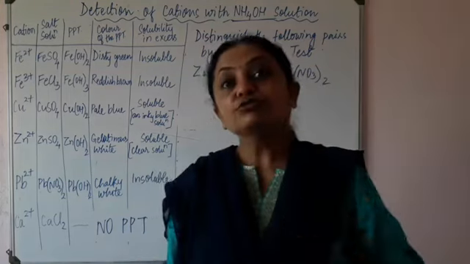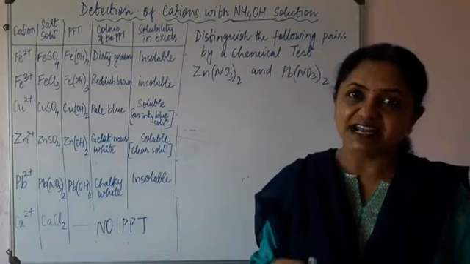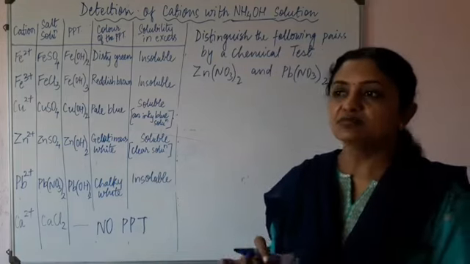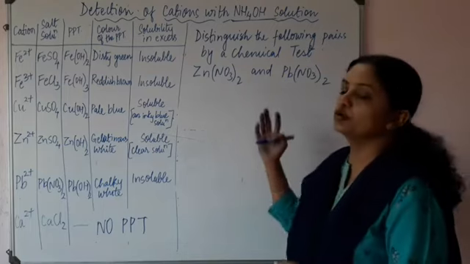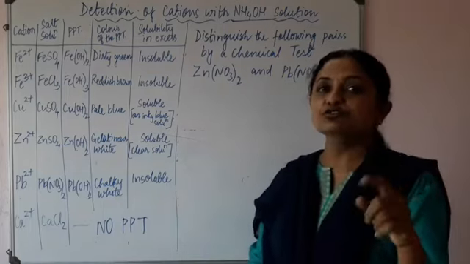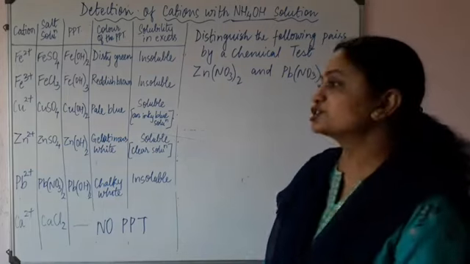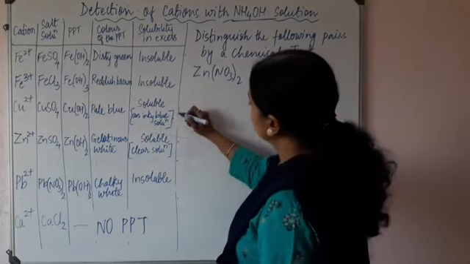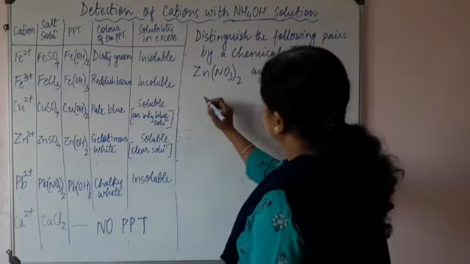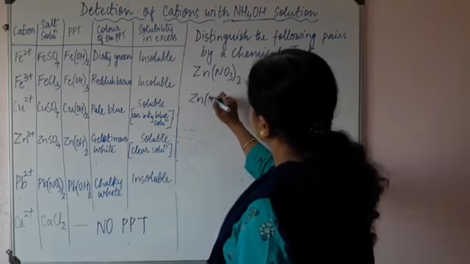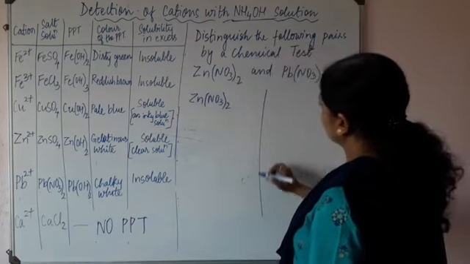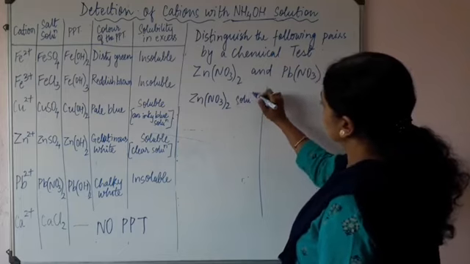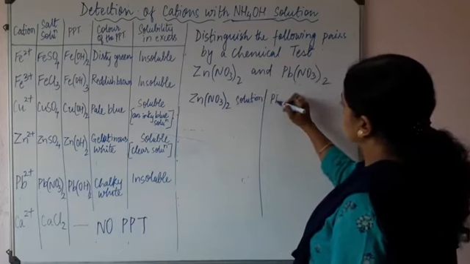How will you distinguish these two? If you distinguish by adding NaOH, then both the hydroxides are soluble. You cannot use NaOH over here. So we have to use the reagent NH4OH. So let me write it like this. Here, zinc nitrate solution you will have, and lead nitrate solution.